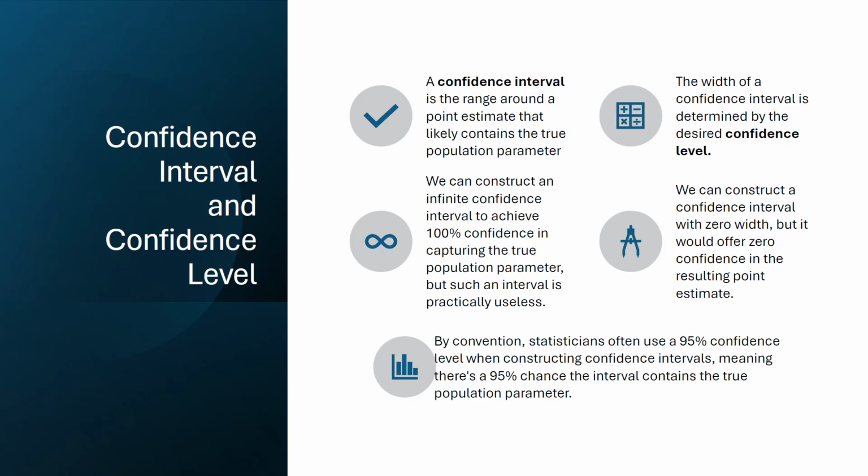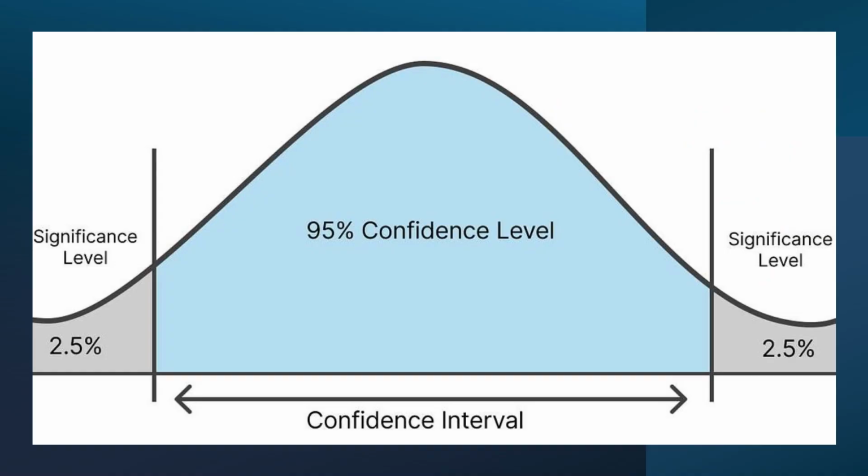So let's see what it means visually. Once we have estimated the point estimate, we build a confidence interval around it which will follow a normal distribution, and the degree of confidence is indicated by the area under this normal curve.